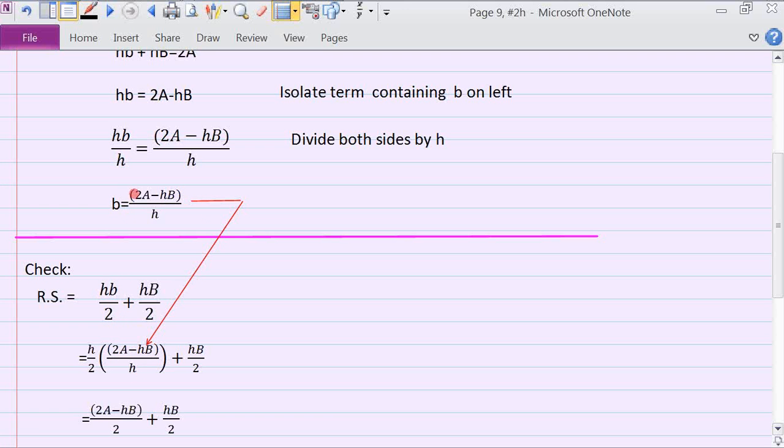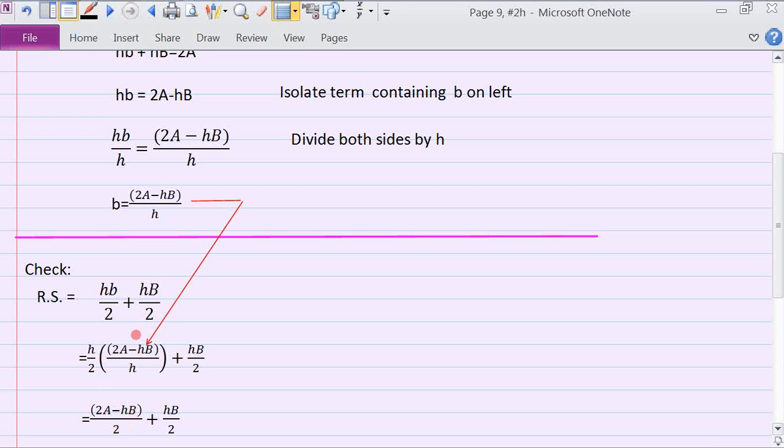Remember, that b is this term here. So I've taken this b, substituted for it. And you'll see that the h's cancel when I use the distributive rule, and I get 2a minus hb over 2.